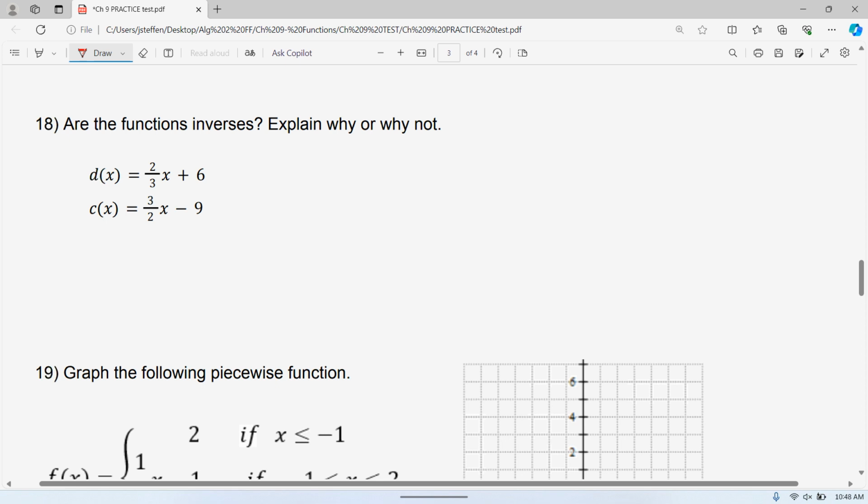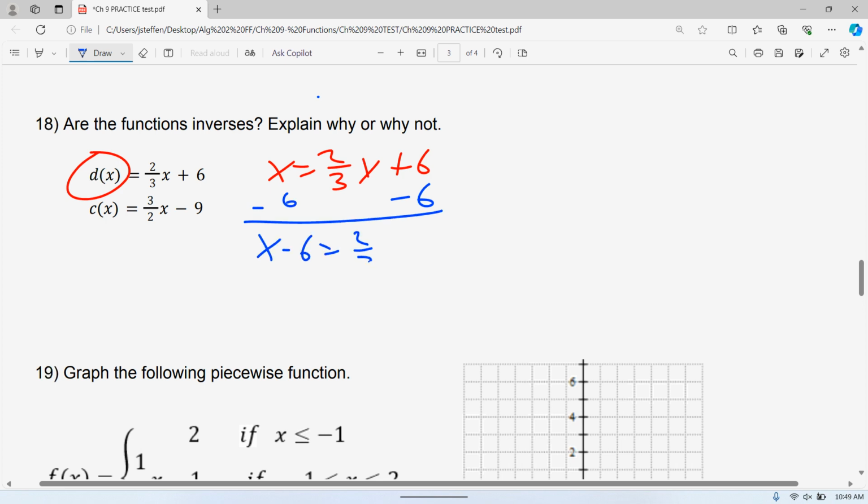There are 2 different ways to do this. I think the easiest way is take one of them, doesn't matter which one, this one, and find the inverse. So that is x is equal to 2 over 3y plus 6. Again, I switch the x and y in that first step. Then when we solve this, I subtract 6, that's x minus 6 is equal to 2 over 3y.